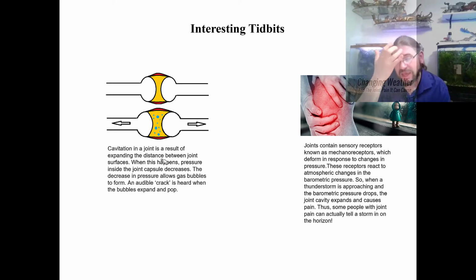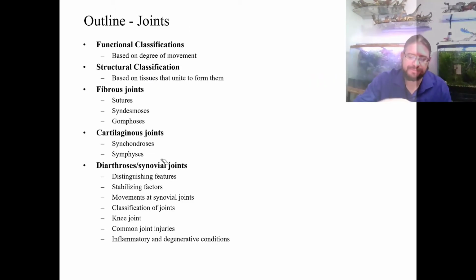Touch, that's a mechanoreceptor. Pressure, deep pressure, right? In this case, it's joint position. And basically, they can also respond to barometric pressure. And so there are people who actually do have joint pain when it comes to the weather. So a fun little factoid to stimulate your appetite.